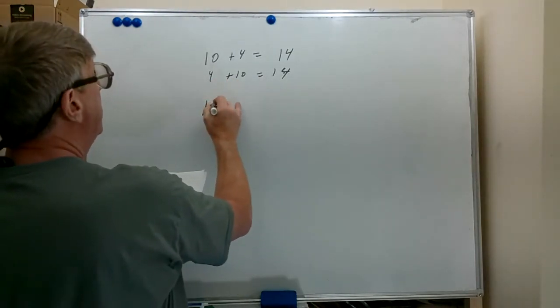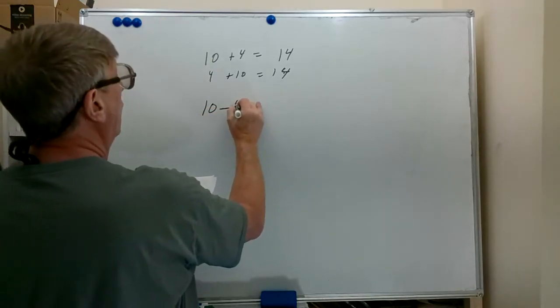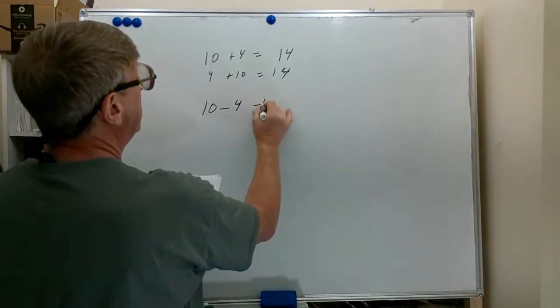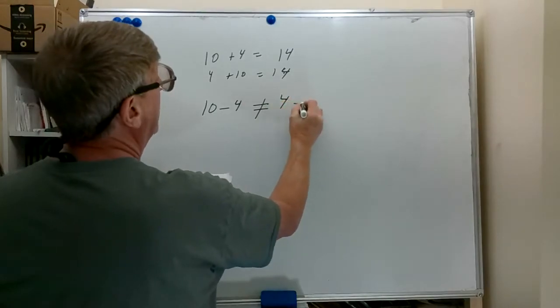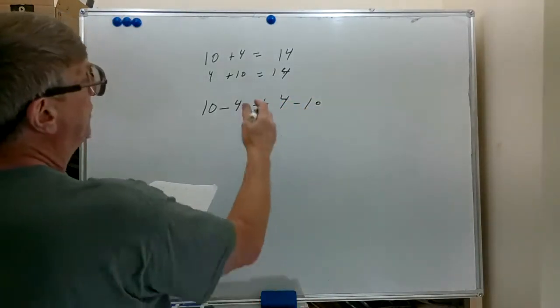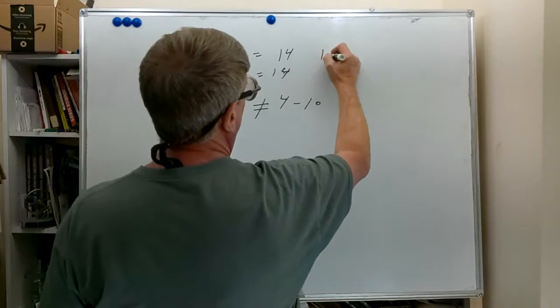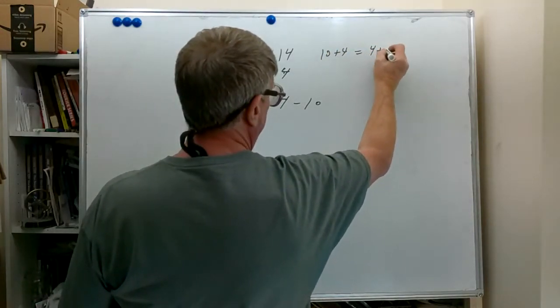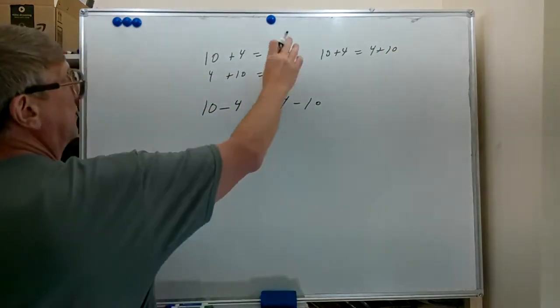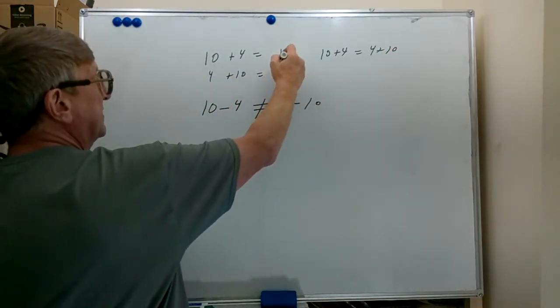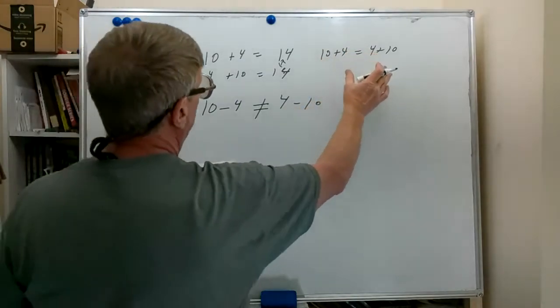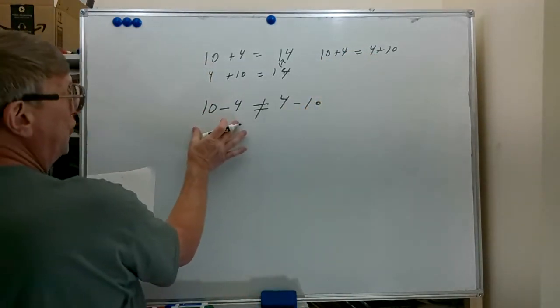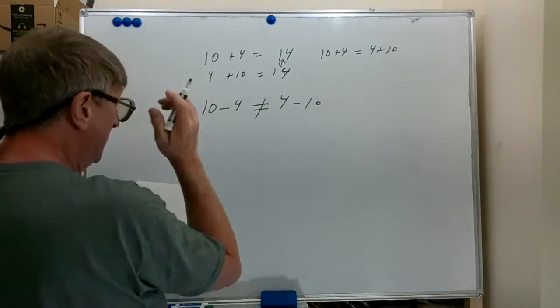But 10 minus 4 does not equal 4 minus 10. We could have written this up here as 10 plus 4 is equal to 4 plus 10. I chose to calculate the value and show you that we got the same value, but we could do this also. 10 minus 4 does not equal 4 minus 10.